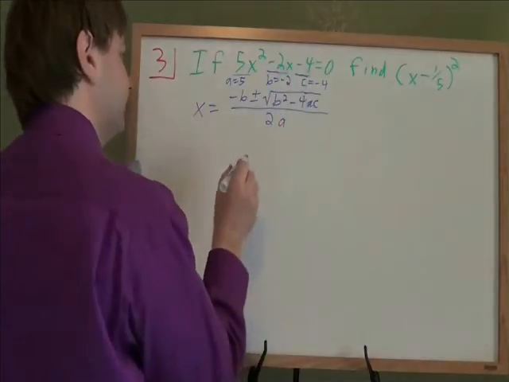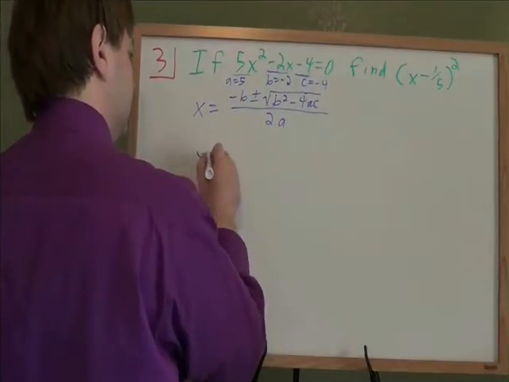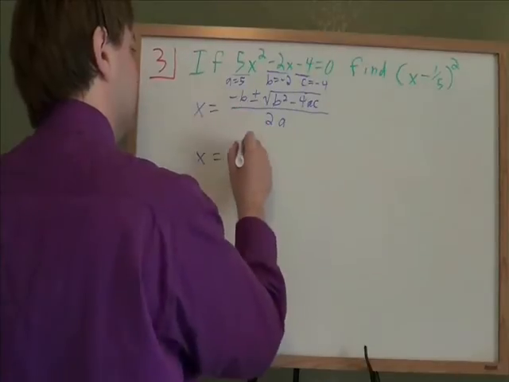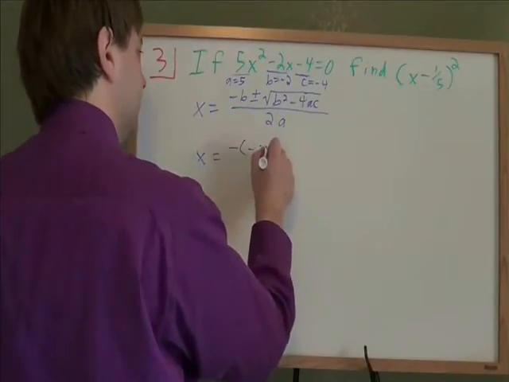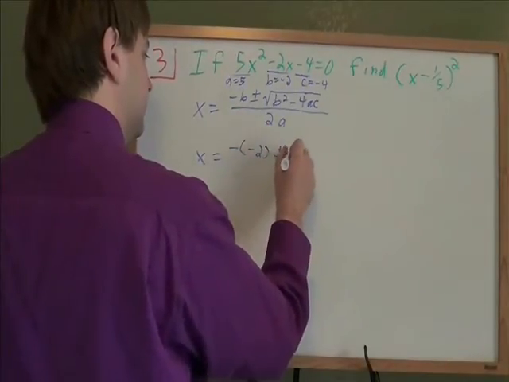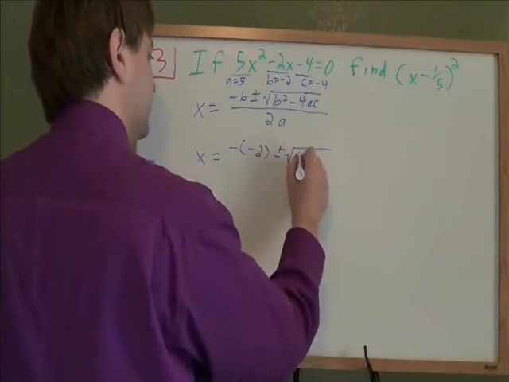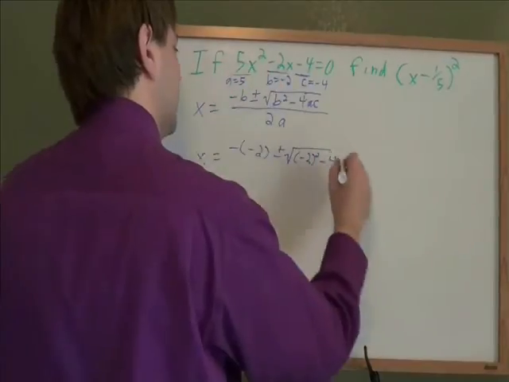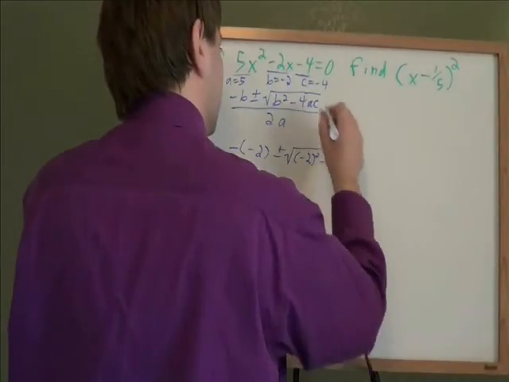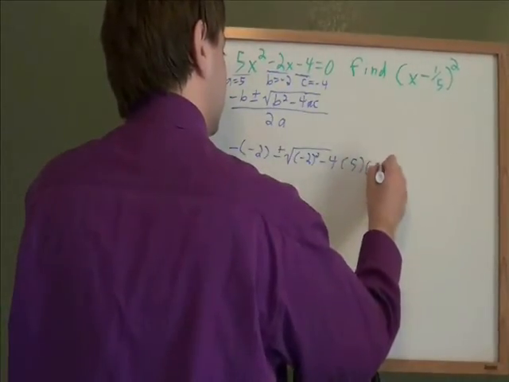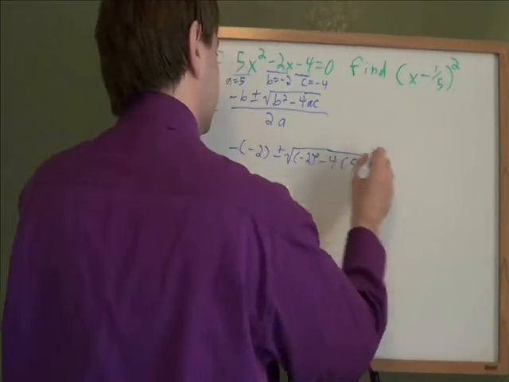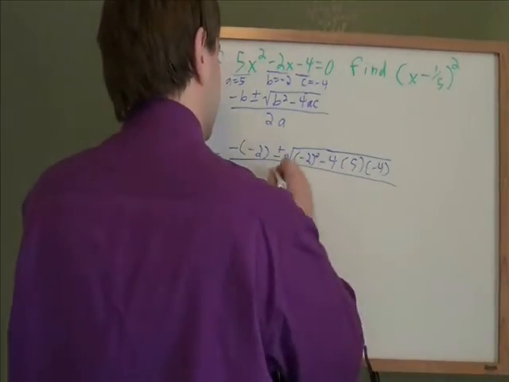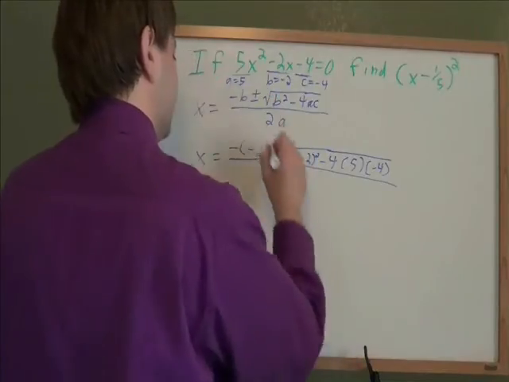So x equals negative b becomes negative 2, plus or minus square root, b becomes negative 2 squared, minus 4a becomes 5, c becomes negative 4, over 2 times a becomes 5.